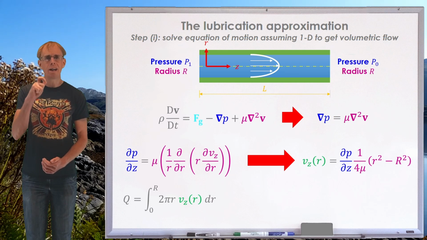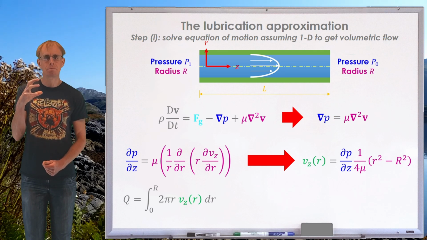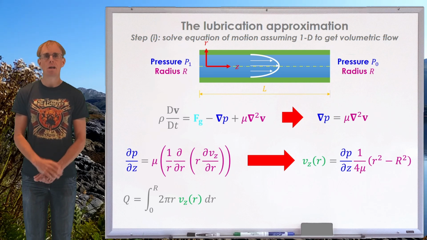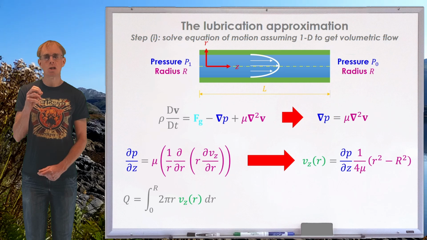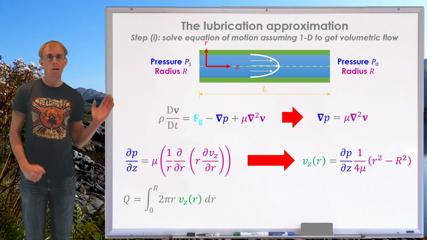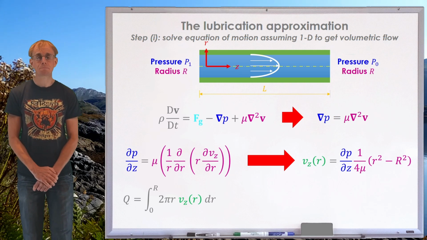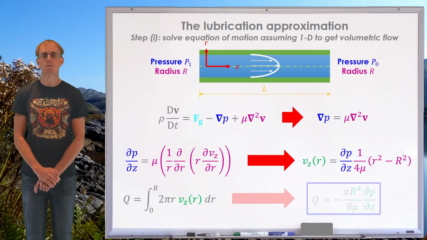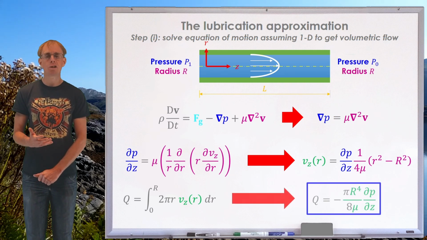If I think of a tiny element of area belonging to that perimeter, 2 pi r times delta r, the velocity at r flowing through that area is going to be the volumetric flow rate at that point, which will contribute a little bit to the entire volumetric flow rate. So if we repeat that operation over all radii from the center to the outside edge, we end up with the integral that we've written on the board, and an expression for the volumetric flow of a Newtonian fluid through a pipe.